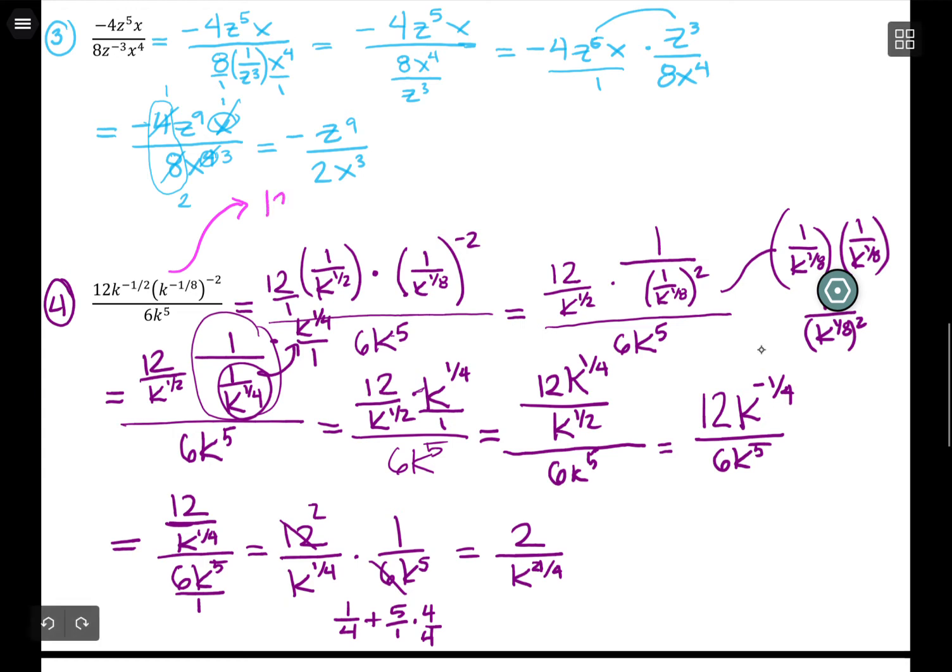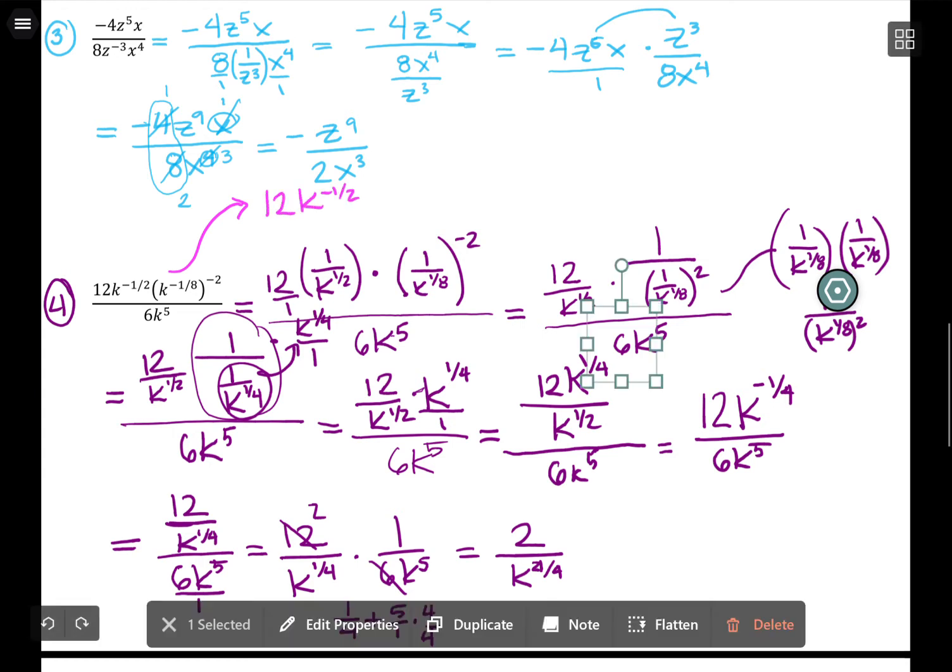Another way you could approach this is we could start by clearing those parentheses on the top. If we take k to the -1/8 and raise that to the -2, we should multiply powers. So -1/8 times -2 becomes +1/4.